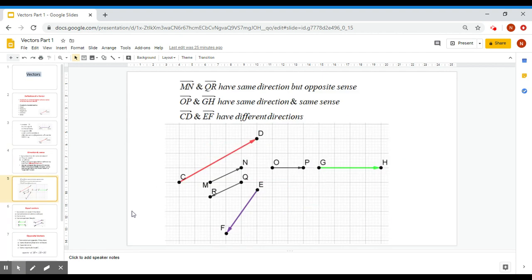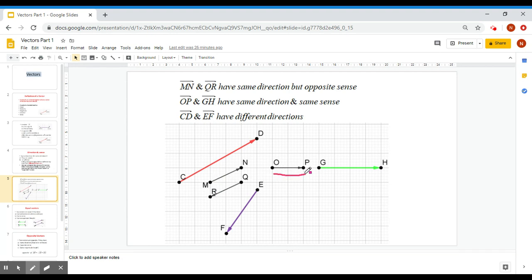So here we have some examples. MN and QR, they have the same direction because they are parallel, but they have opposite senses. The first one goes from M to N, the other from Q to R. They have opposite senses.